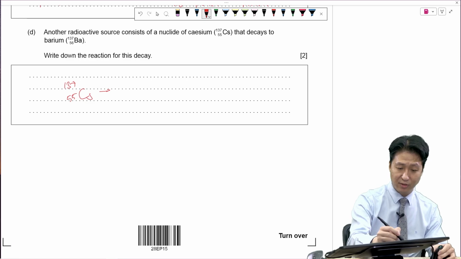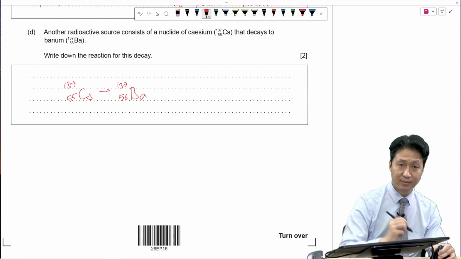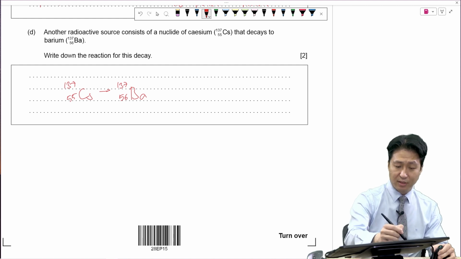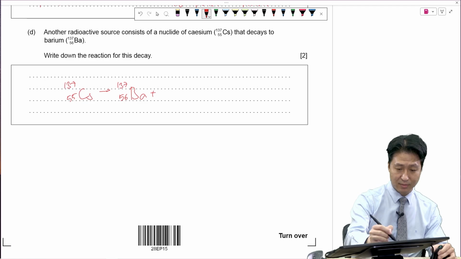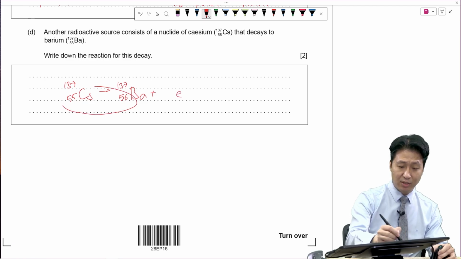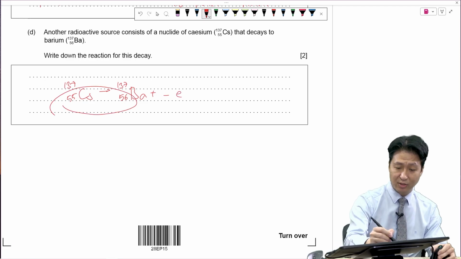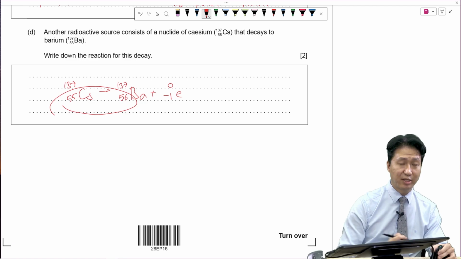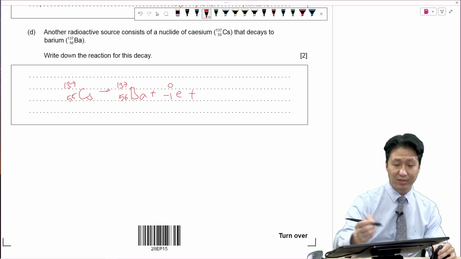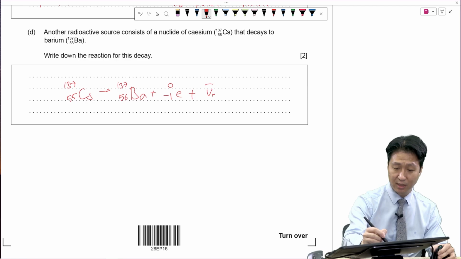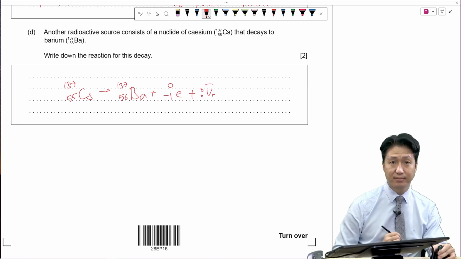It decays into barium, also 137 and 56. Now, the number of nucleons is the same, so it must be beta decay. The charge has to be the same before and after, so it has to be an electron with a negative charge. And if you have an electron, you have to have an anti-lepton as well, which is the anti-electron neutrino.